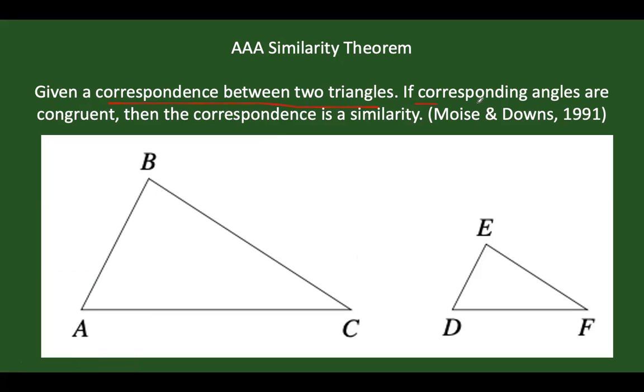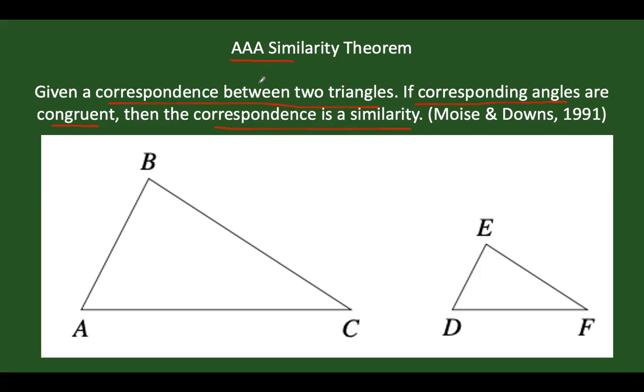And if the corresponding angles are congruent, then the correspondence is a similarity. So which means if we have identified that the three angles of the triangle are congruent to the other three angles in the other triangle, then we could say that these two triangles are similar.